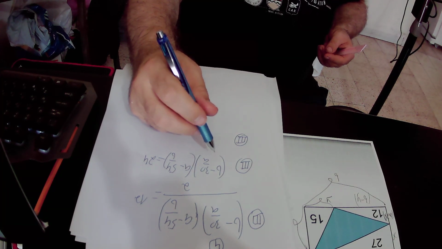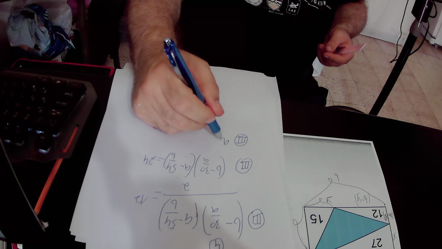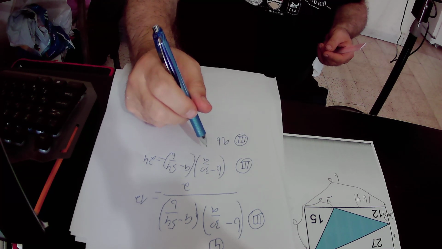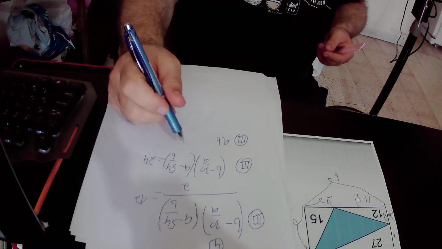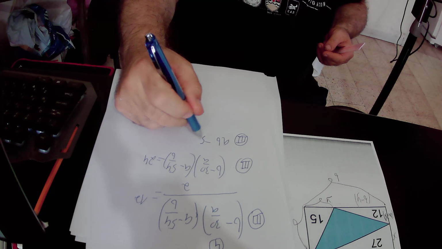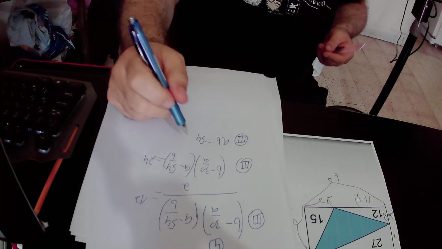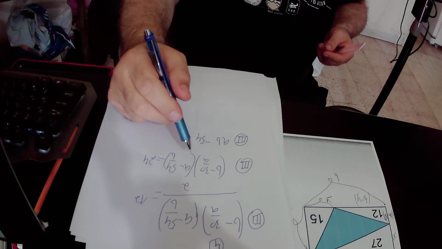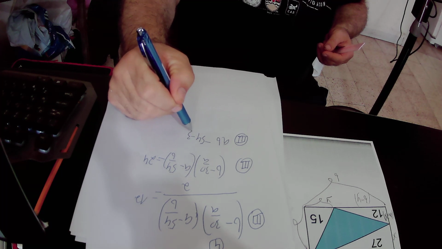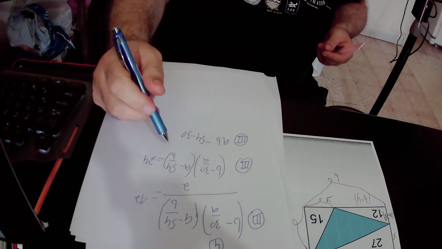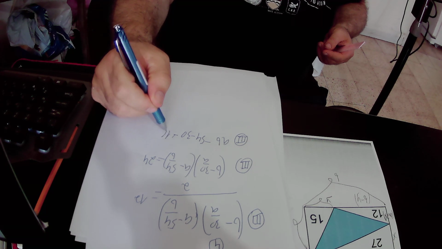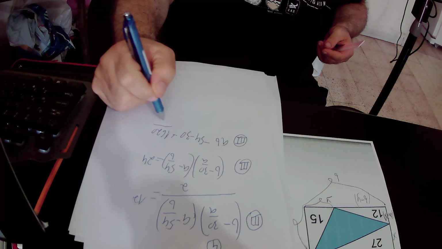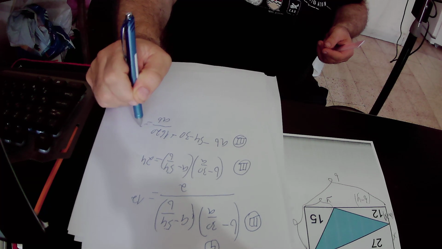b times a is ba or ab, it is the same. b times minus 54 over b is minus 54. Minus 30 over a times a is minus 30. And minus 30 over a times minus 54 over b is plus 1620 divided by ab, all equals 24.